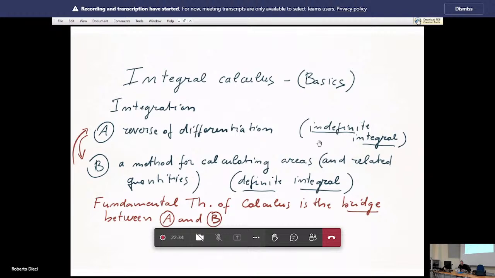And it is, as all inverse problems, in general more difficult to solve than direct problems. In other words, we have a well-established set of rules to compute derivatives, and we can basically compute the derivatives of any function, but it's not easy in general to go backwards to compute integrals. And in some cases, there is no analytic solution to the computation of integrals.